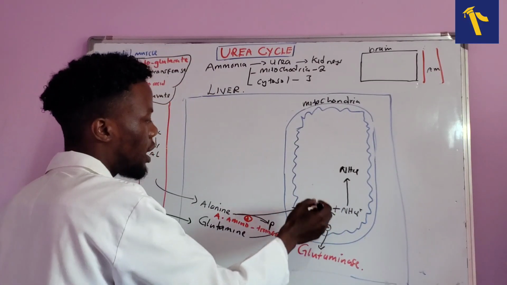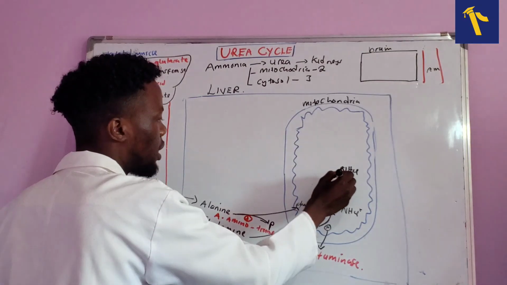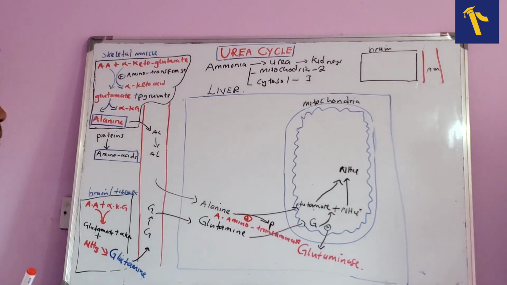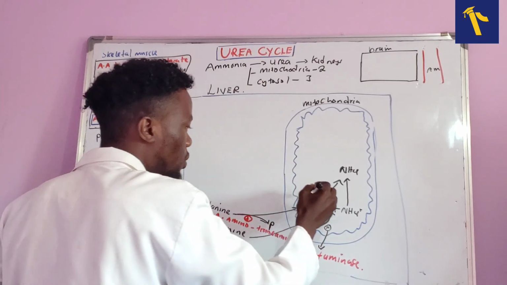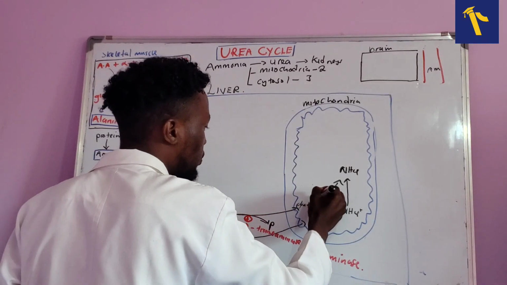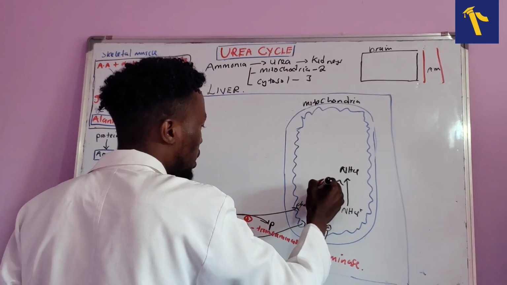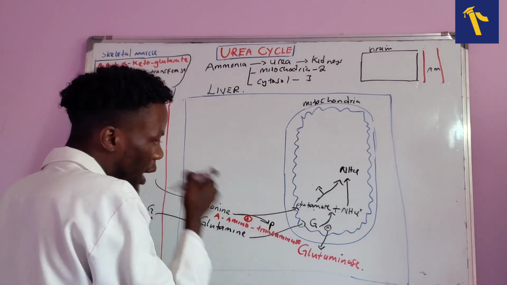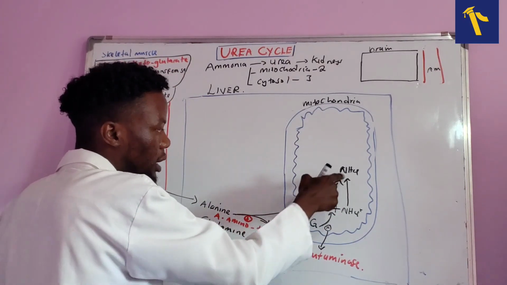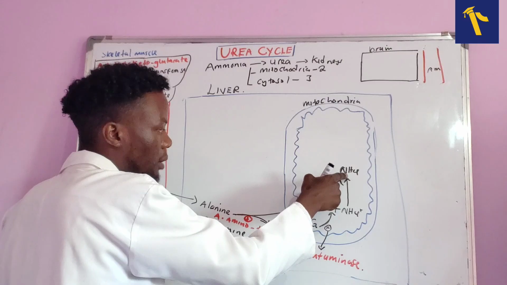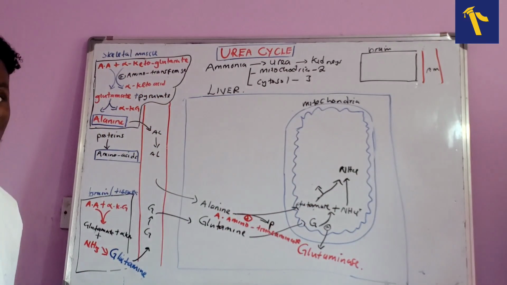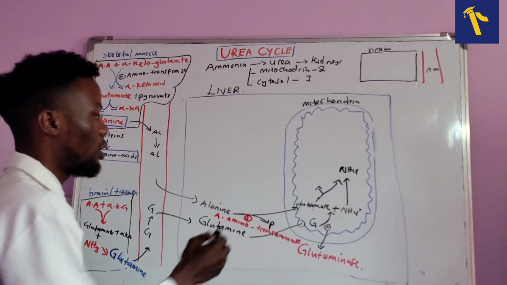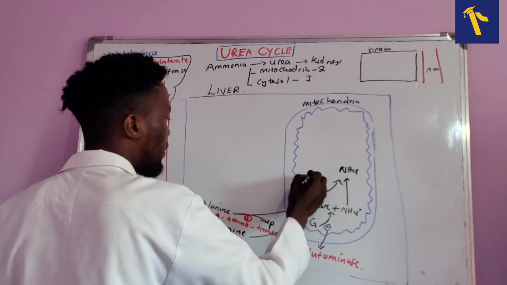Now the question we can ask is, how does glutamate produce that ammonia? So glutamate is going to be broken down by a certain enzyme that we write here. This glutamate is going to be broken down into ammonia, or ammonium ion, with a certain molecule that's going to be produced, which is alpha ketoglutarate.